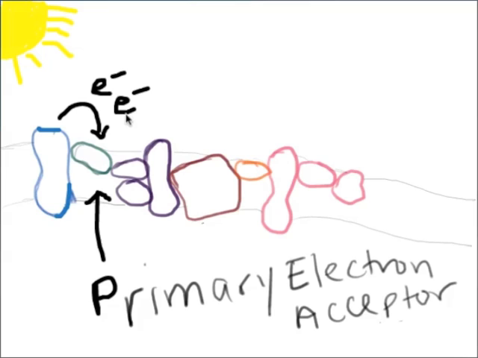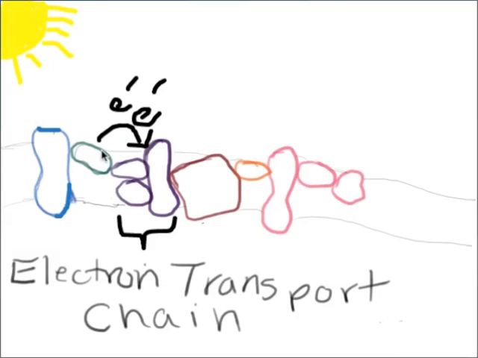So what happens to the electrons after they make it to the primary electron acceptor of photosystem 2? They then move through the electron transport chain of photosystem 2. Now, the electron transport chain is just a series of molecules in the thylakoid membrane that transfers electrons from molecule to molecule.